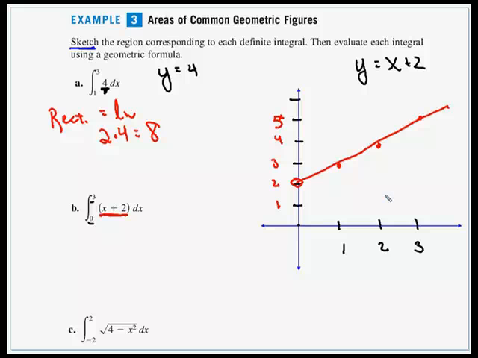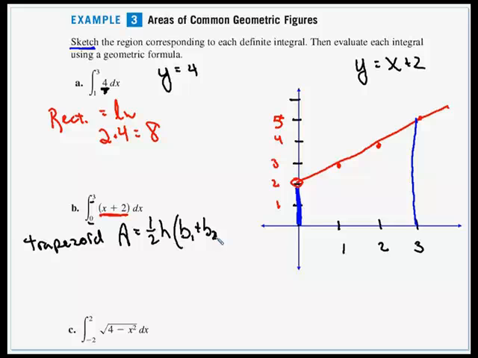And we're looking at that region bounded by the y-axis, the x-axis, and 3. So what shape do we have here? Well, that's just a trapezoid. It's sort of on its side, but we have a trapezoid. And the area of a trapezoid is 1/2 the height times the sum of the bases, b1 and b2. And our bases are going to be these sides.